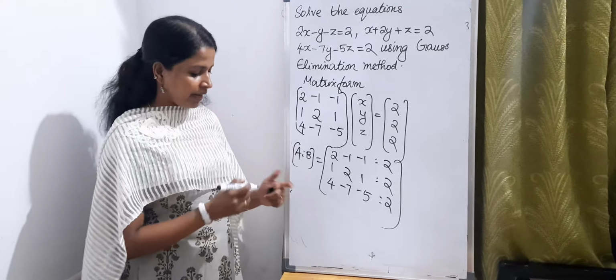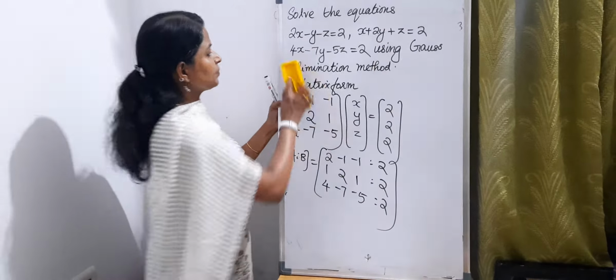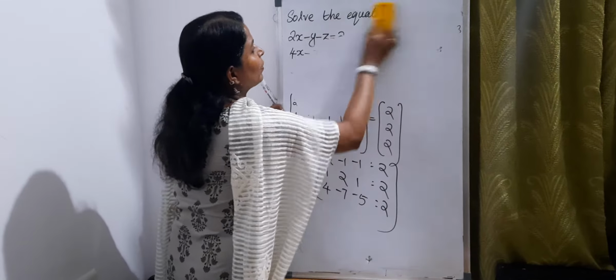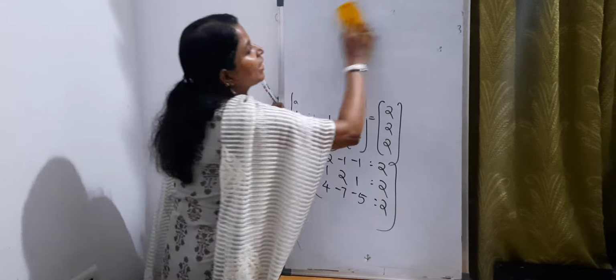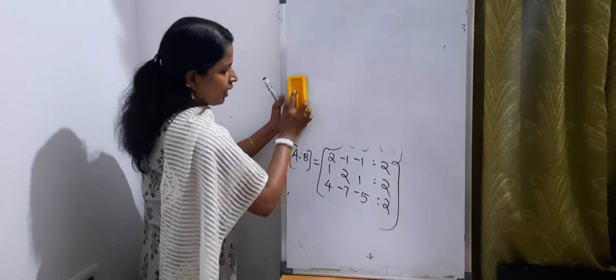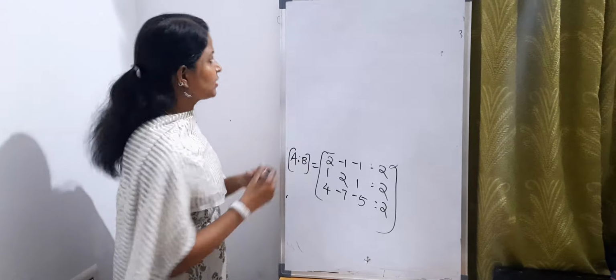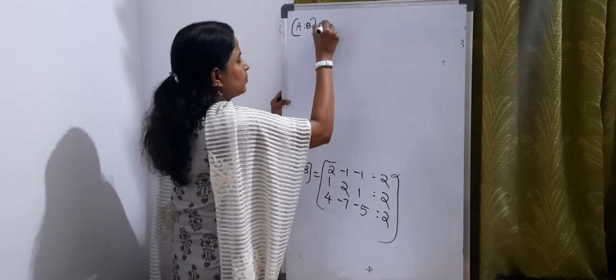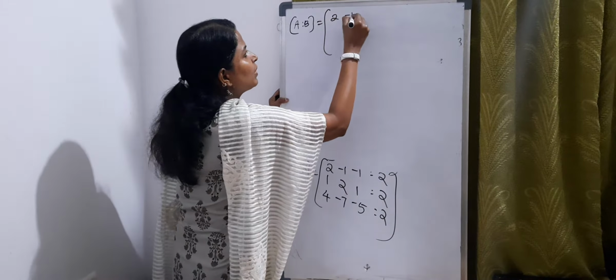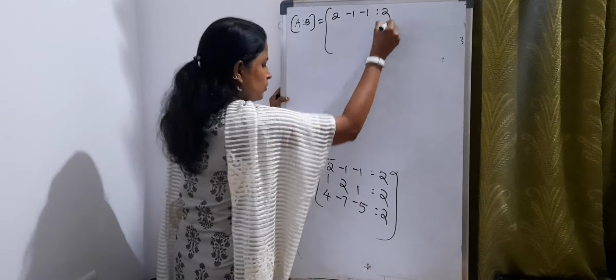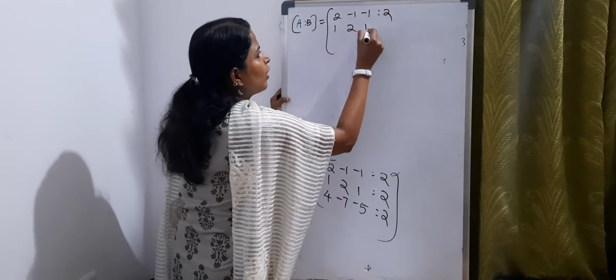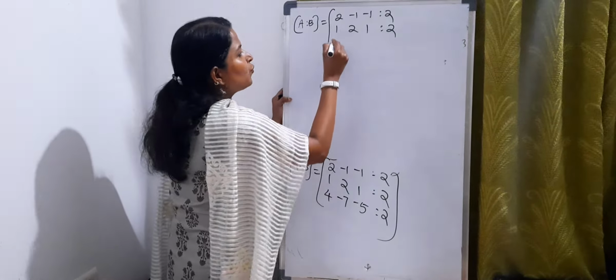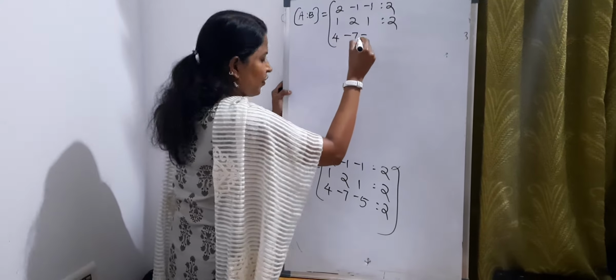Then convert this matrix to an upper triangular matrix. Listen, convert the augmented matrix to upper triangular matrix. The augmented matrix AB equals 2, minus 1, minus 1, 2; 1, 2, 1, 2; 4, minus 7, minus 5, 2.